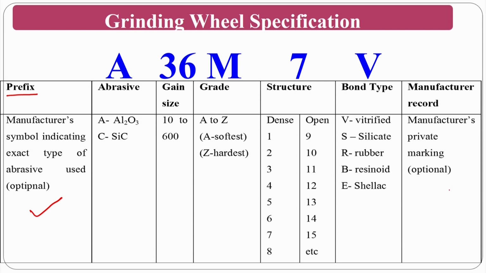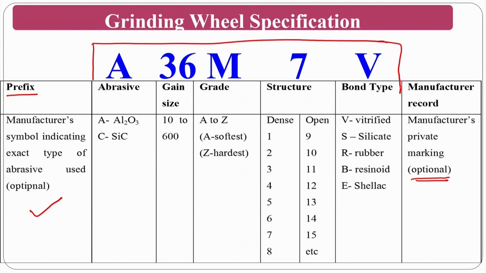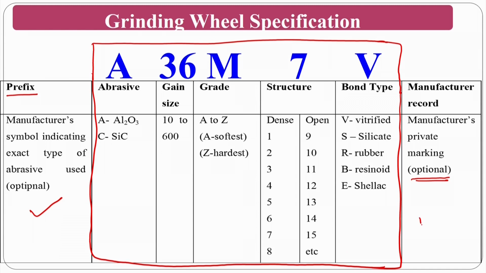At the end also, some manufacturers give their private marking, which is also optional. The portion I dealt with is constant for all manufacturers, but the prefix and the suffix are optional. So don't worry, this is the commonly followed grinding wheel specification for any type of grinding wheel.